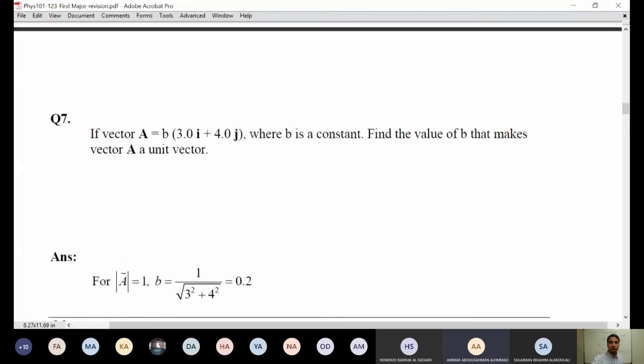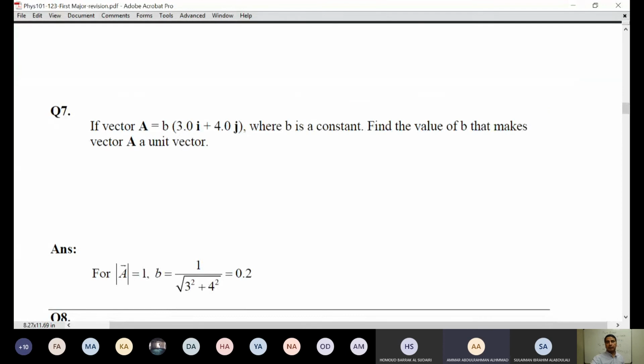You mean this one? Yeah. Okay. It says that vector A is B times another quantity, where B is a constant. Find the value of B that makes vector A a unit vector, okay? So by definition of the unit vector, we know i is a unit vector, j is a unit vector, k is a unit vector.